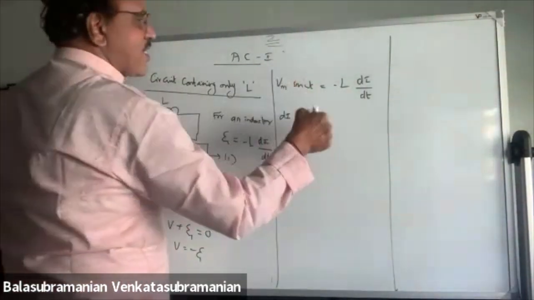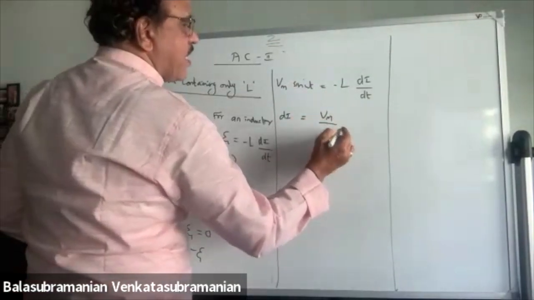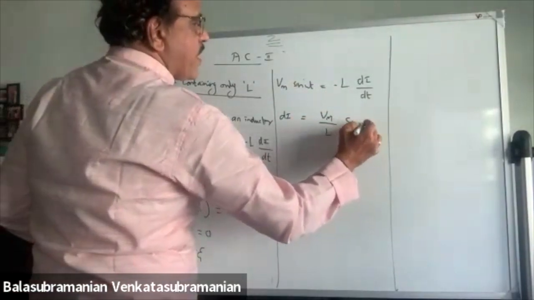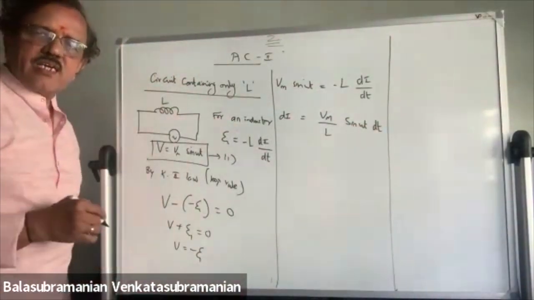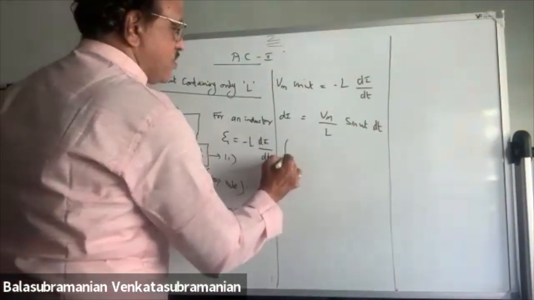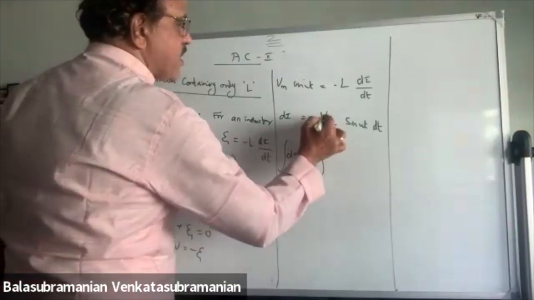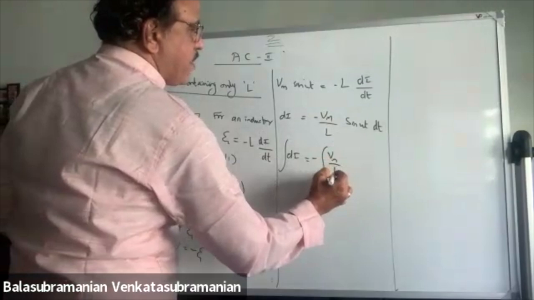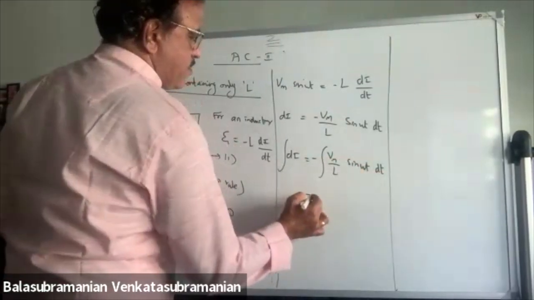From this you calculate the current. di is equal to Vm by L sin omega t dt. We have to integrate the equation. Integral di is equal to minus integral Vm by L sin omega t dt.